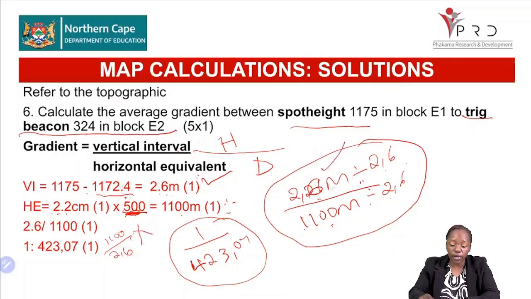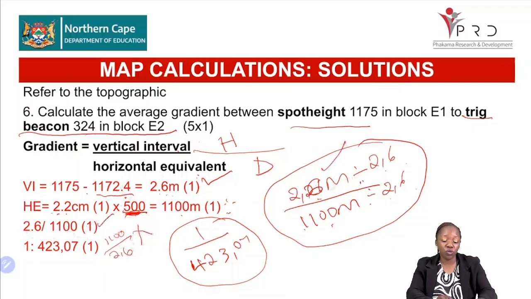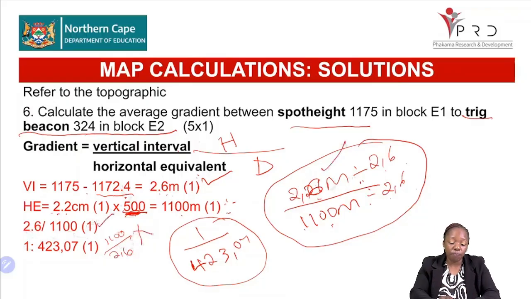This is correct. Then your 2,6 over 1,100, the mark is allocated there that you did not miss the formula. So your 1 over 423,7 on the fraction, you then break it into a ratio scale because the answer of gradient is supposed to be on a ratio scale.